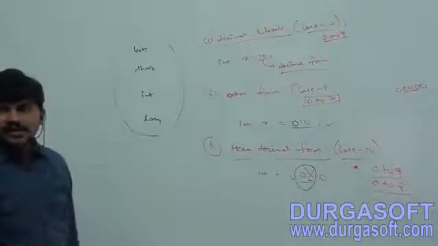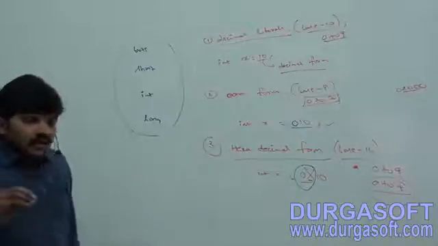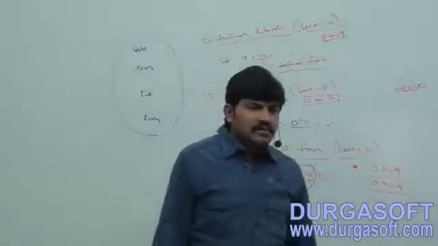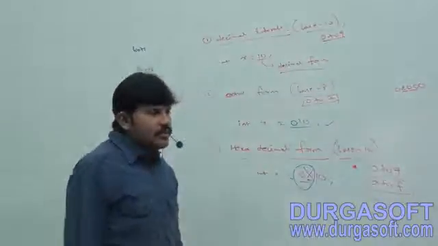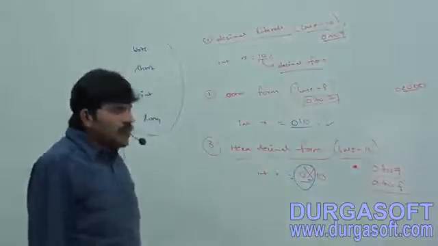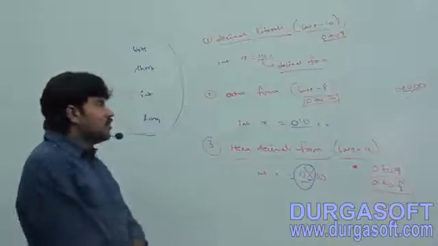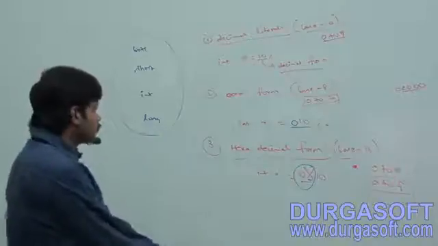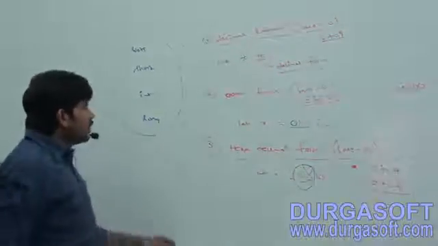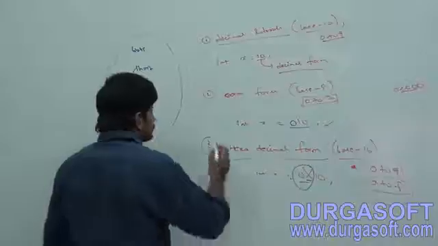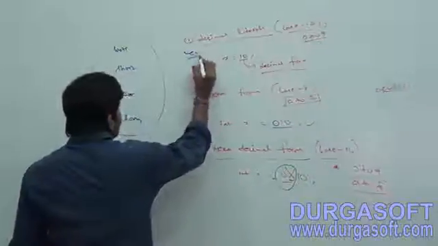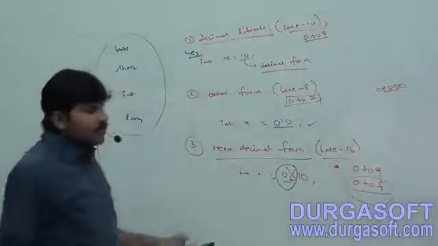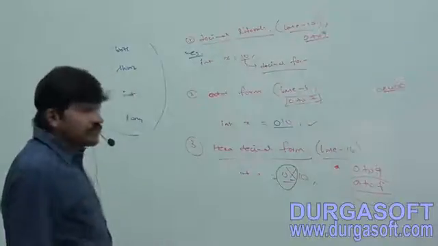Next, allowed digits are 0 to 9. Example, int x is equal to 10. Decimal literals example, int x is equal to 10.